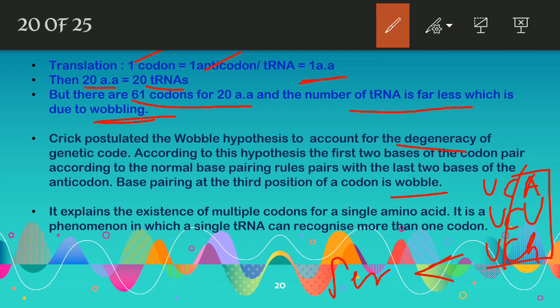As said earlier, there are many amino acids in our body, and to have a separate tRNA molecule for every amino acid is very complicated.